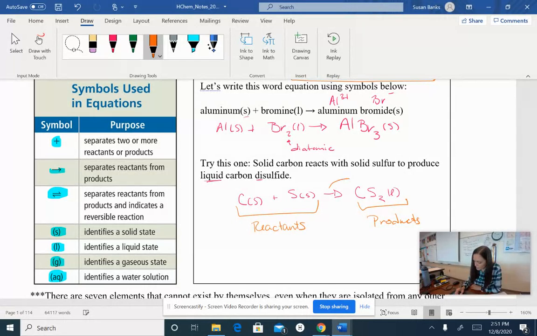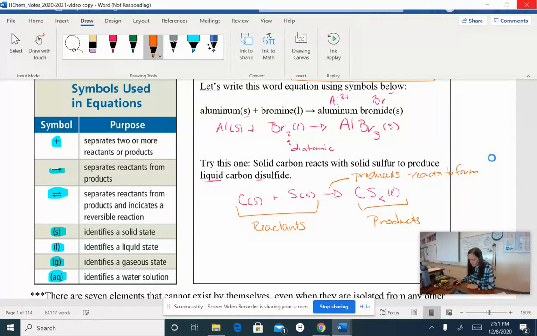Okay, and this reaction arrow produces, or reacts to form, or reacts to make, any of those things we can use. It's not an equals, it's a reaction. This produces that. Okay? All right. So let's move on here.